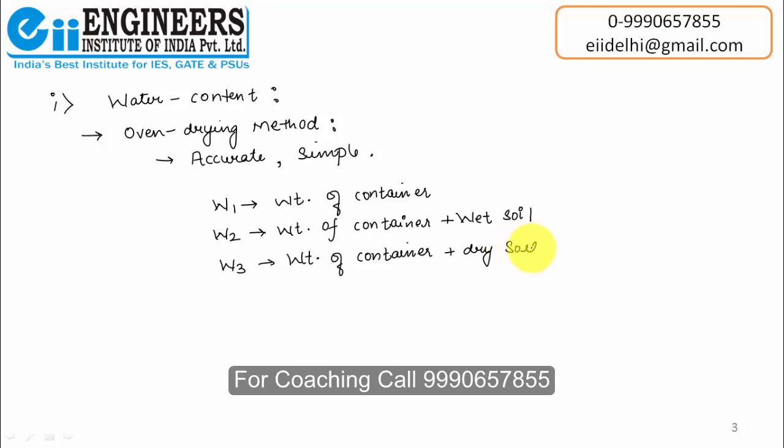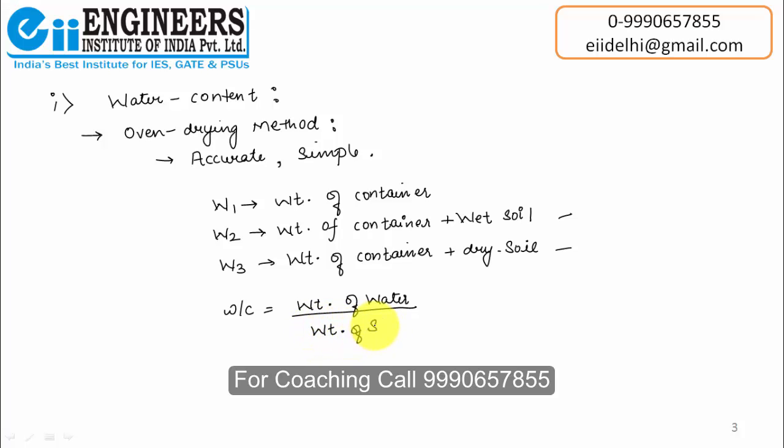So what is basically the water content? It is the weight of water to the weight of soil solids. So what is the weight of water? If I want to find the weight of water, it is W2 minus W3. If I subtract W3 from W2, I get the weight of water.